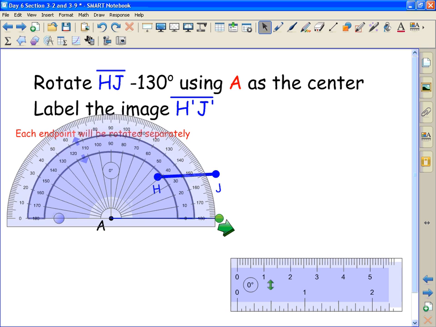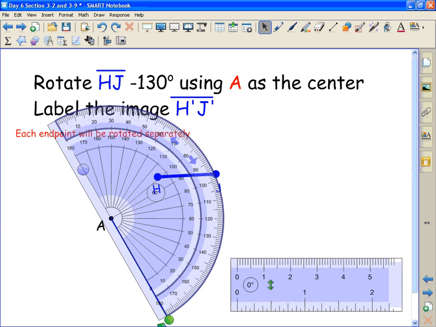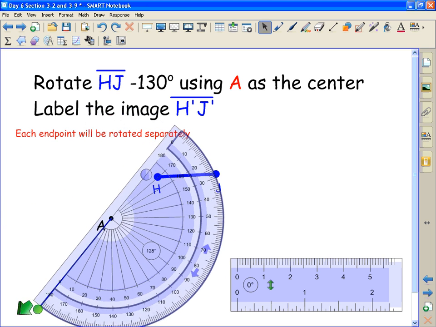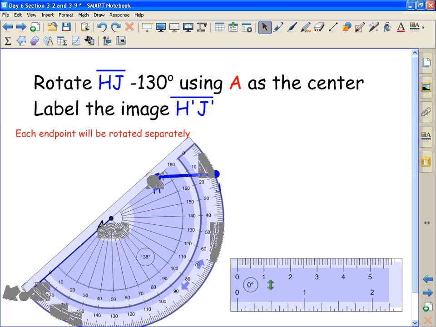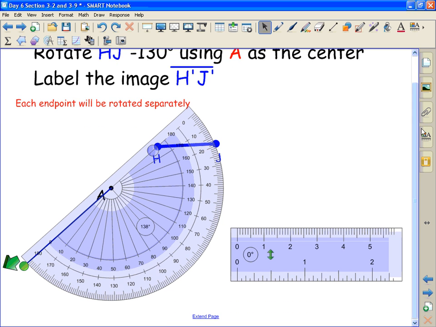I'm going to turn my protractor now so that when the 0 goes through the center of point H, I'm going to find 130 degrees. Right here's 130. Make a dot there.